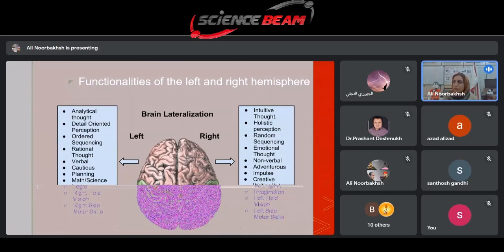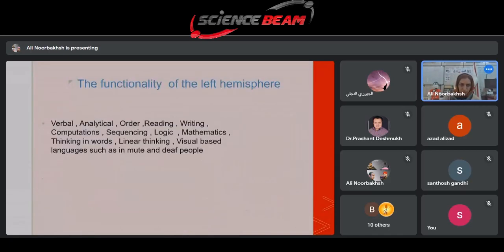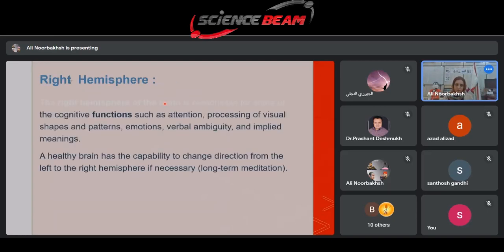And in the right hemisphere, we can see random, sequencing, emotional, non-verbal, adventure, impulse, creative functions. Again, the functionality of the left hemisphere is, as you know, thinking in words, linear thinking, and visual-based language, such as in mute and deaf people. And again, the right hemisphere, you know about.